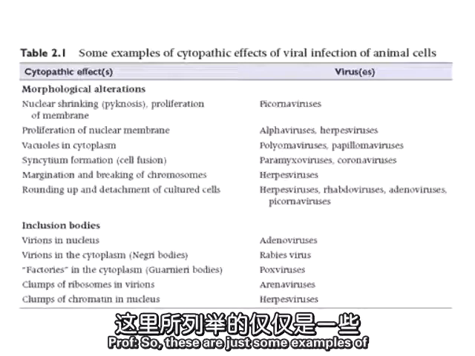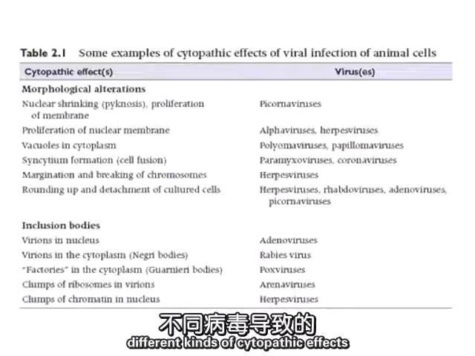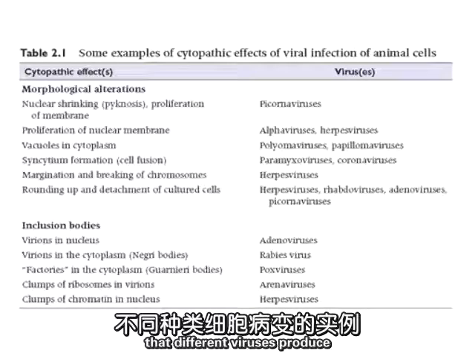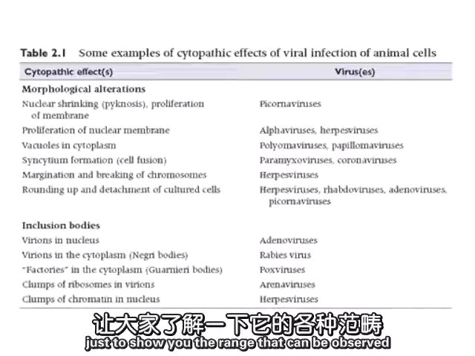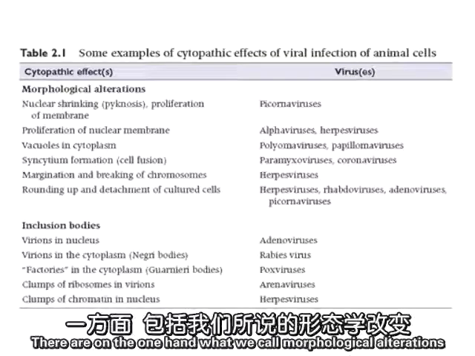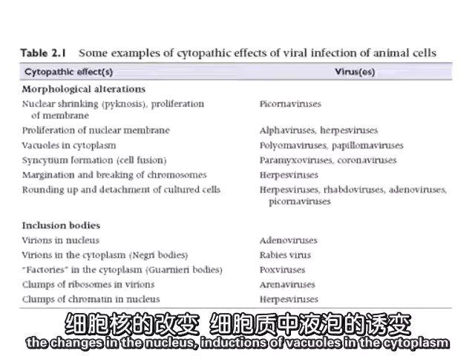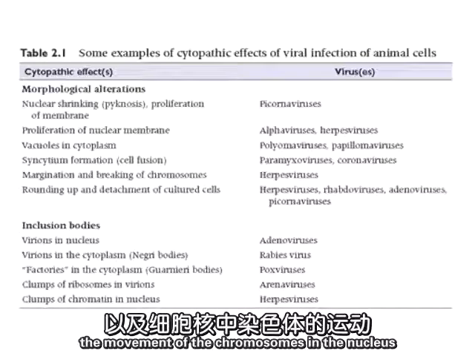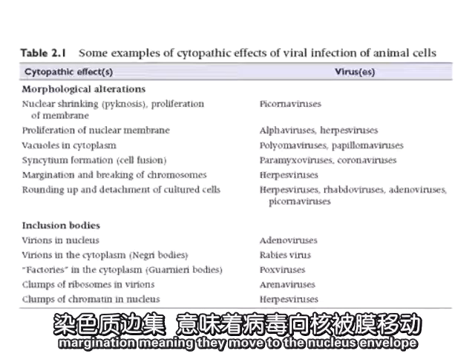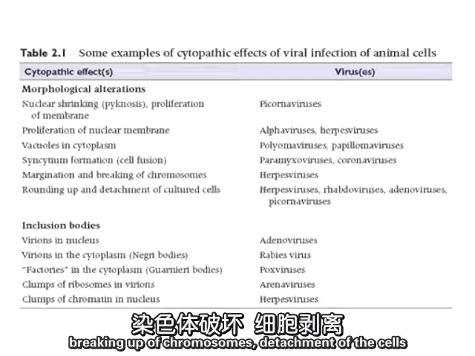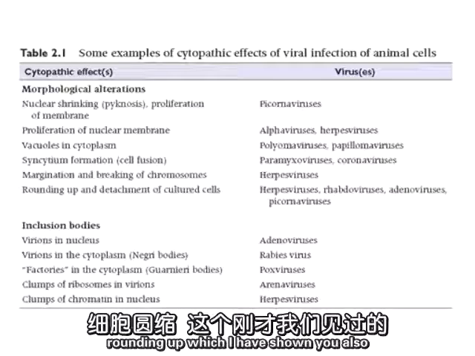So these are just some examples of different kinds of cytopathic effects that different viruses produce, just to show you the range that can be observed. There are, on the one hand, what we call morphological alterations, which include syncytium formation, as we've just seen, changes in the nucleus, induction of vacuoles in the cytoplasm, the movement of the chromosomes in the nucleus, margination, meaning they move to the nuclear envelope, breaking up of chromosomes, detachment of cells, rounding up, which I've shown you also.